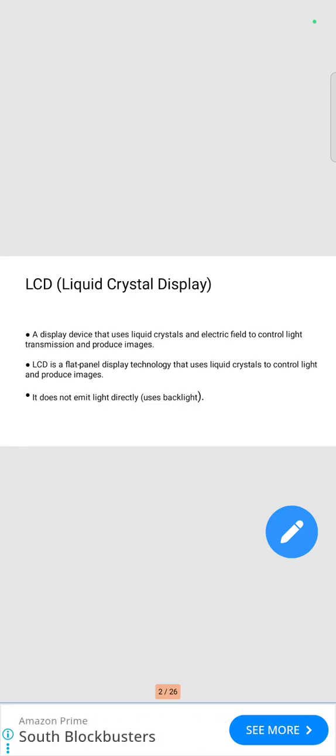Liquid crystal. Normally liquid is a molecule which can flow, but solid is a thick matter. But liquid is actually a molecule which can flow. What about liquid crystal?